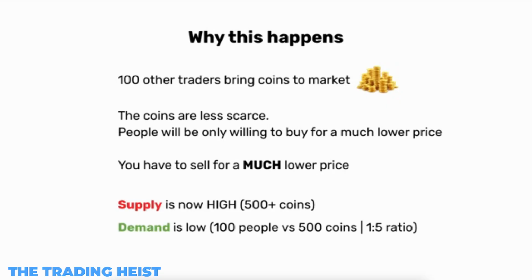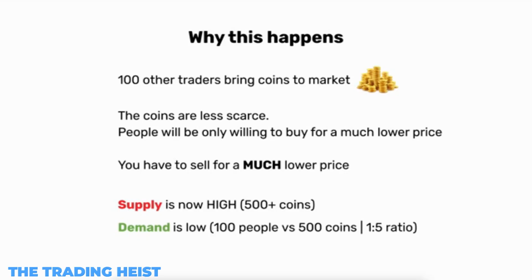There are only 100 people here who want to buy gold coins. If there are 500 coins, suddenly no one is worried about getting one. There's a 1-to-5 ratio of people to gold coins. So now they're not rare. And if you want to sell them, you're going to have to sell them at a considerably lower price because you have competition and you have a massive amount of supply coming into this market. In an instance where supply is high and demand is low, market prices depreciate, okay?